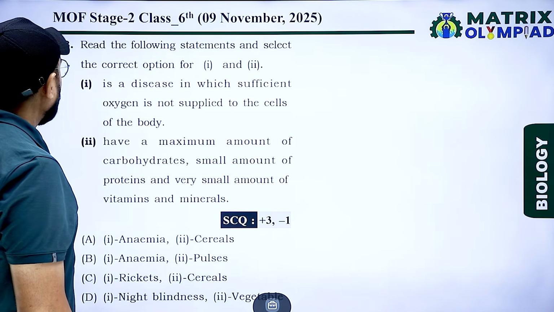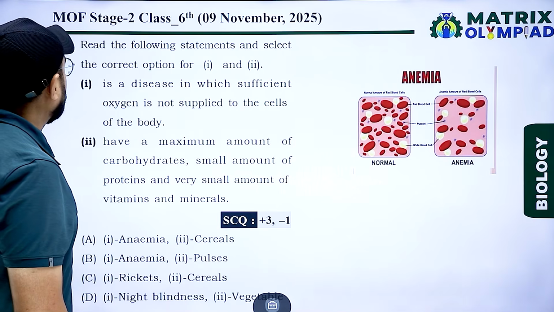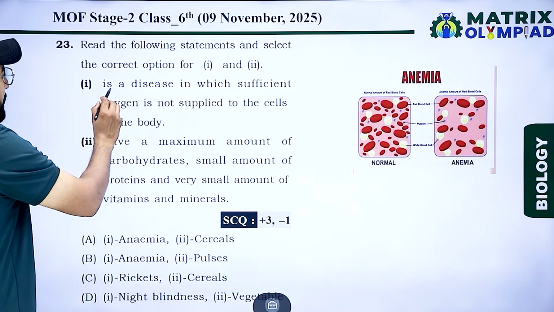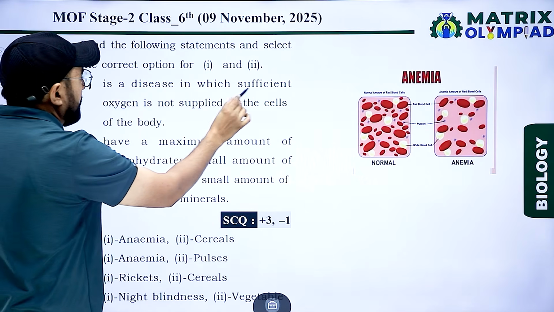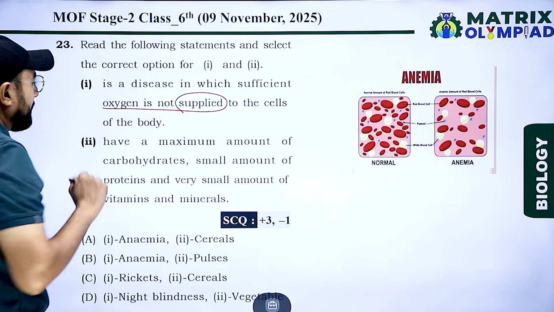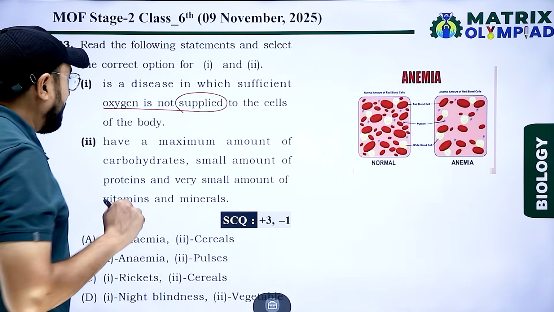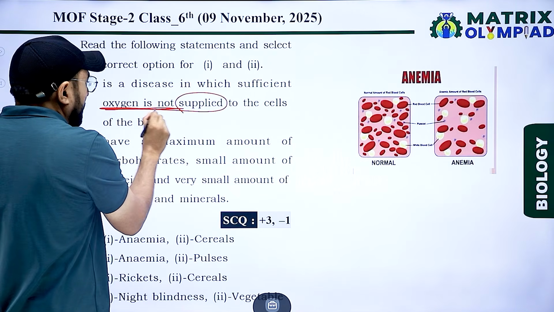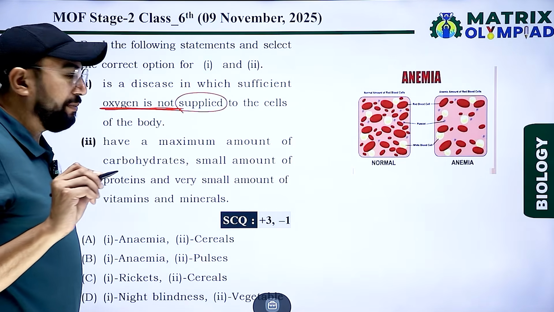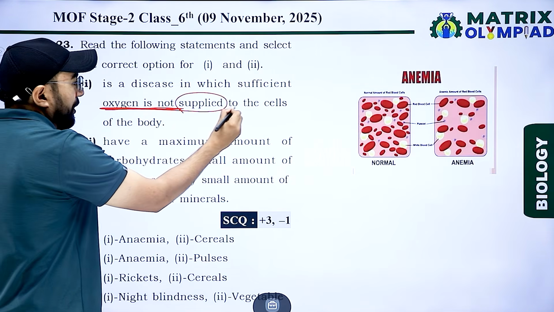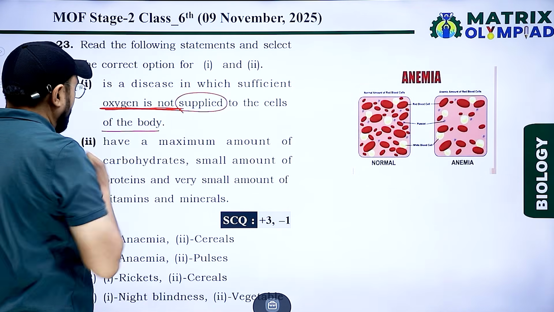Next, read the following statements and select the correct option for first and second. First is the disease in which sufficient oxygen is not supplied to the cells of the body. In anemia, oxygen is not supplied. In anemia, the number of RBC decreases, so oxygen is not supplied to the cells of the body.